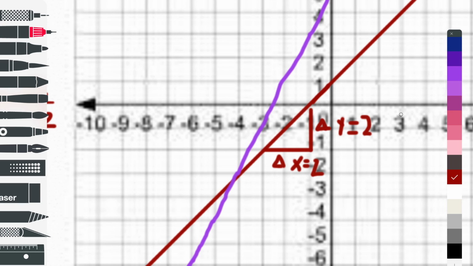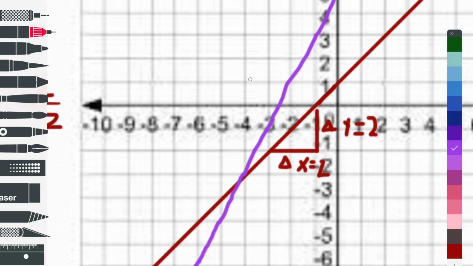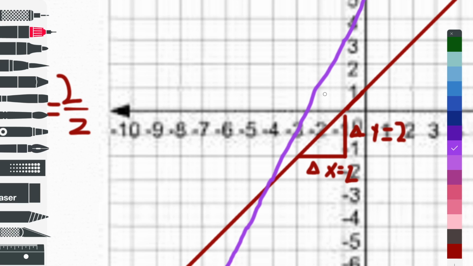What about this purple slope? Well, let's pick a point right here, and let's see the change in x.